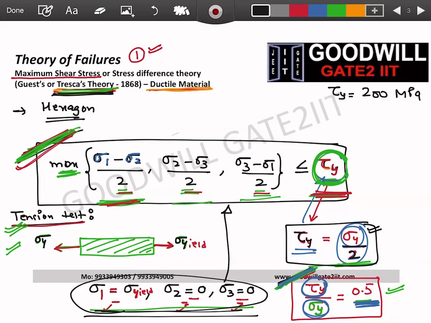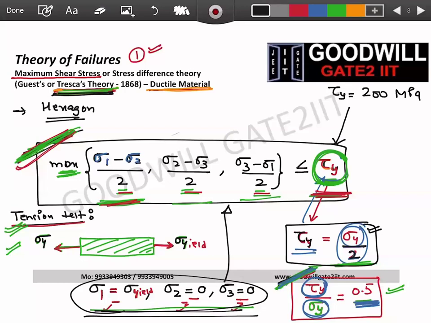And if you design your system with this, you are saying that you should keep your stresses less than 200. If it is 199, you are good. If it is 200, you are at the border. Still, it is good, but you are at the border. 201, your system will fail. 100% your system will fail.